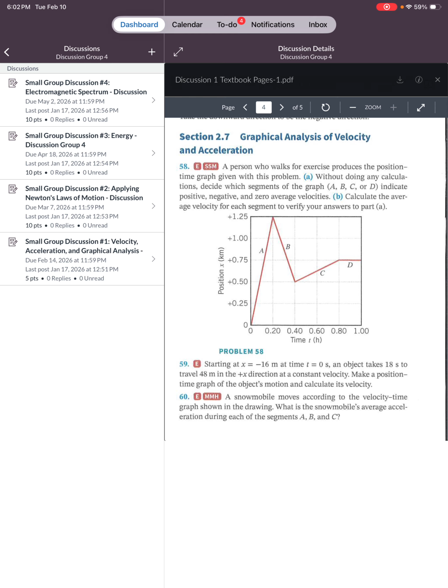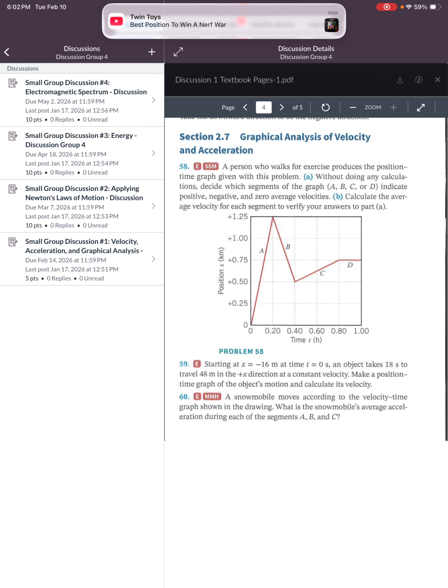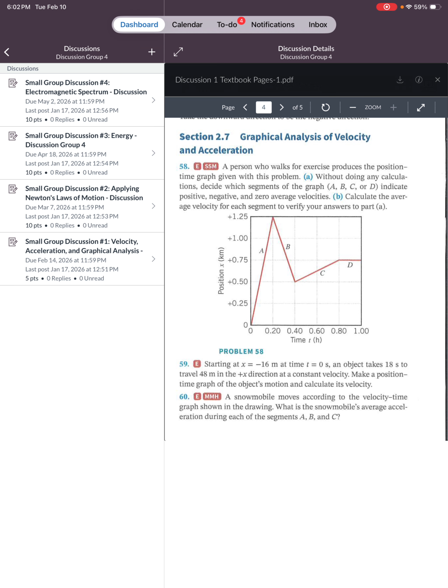So let me see if there's anything with acceleration. I don't see any assigned problem with the acceleration. Oh, number 60 is acceleration. Well, let's do velocity. So let's do number 58.